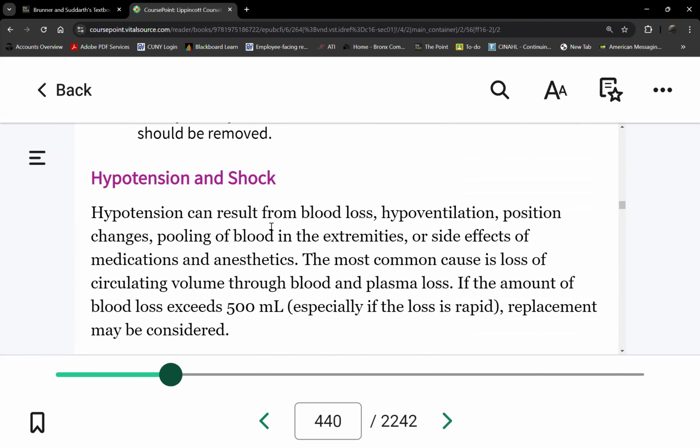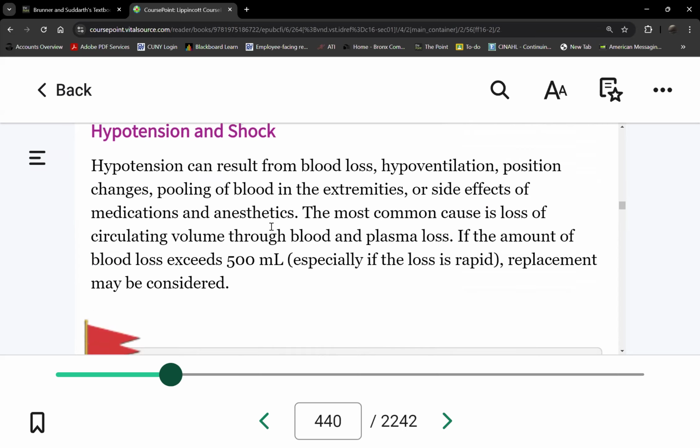For hypotension and shock, so we're done with the airway. So we look at the patient's vital signs. Are there any indications of excessive blood loss? Because let's say the anesthesiologist or the surgeon reported a blood loss of approximately 300 ml, which is not significant. However, can the patient continue to bleed after the surgery? Yes, so you watch for signs of those.